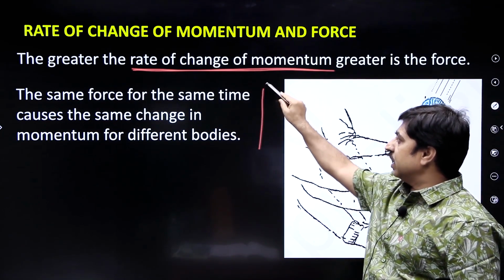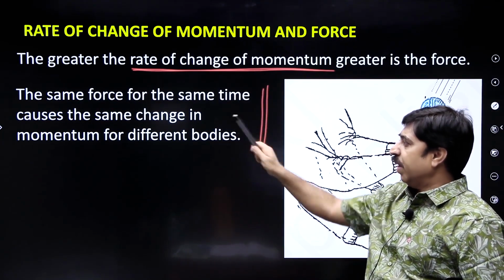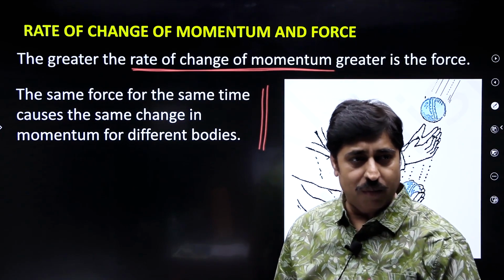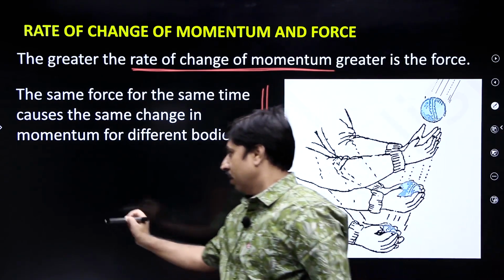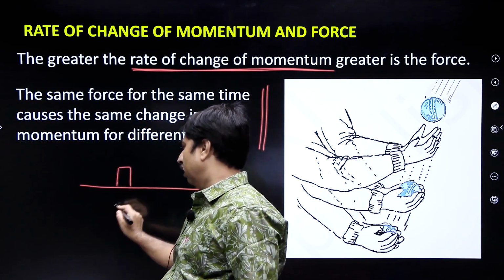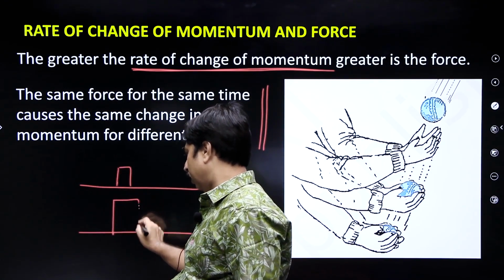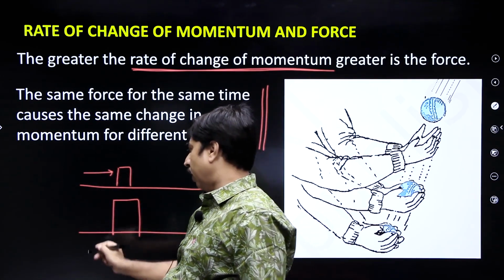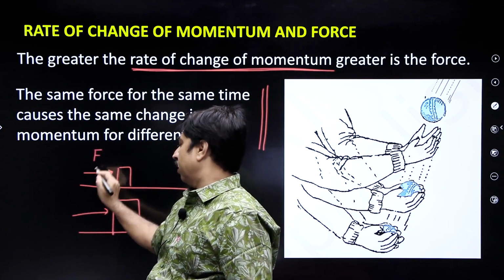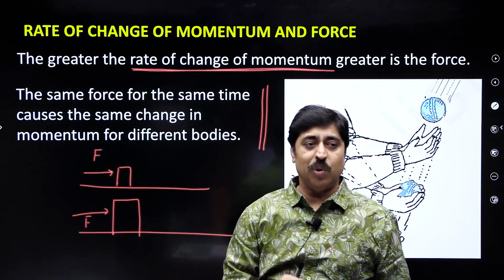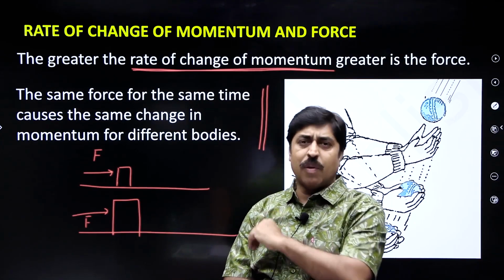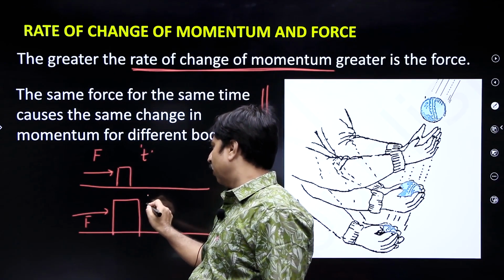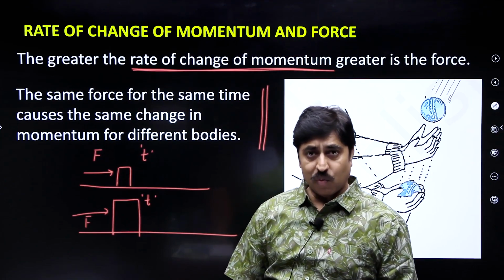If you apply the same force for the same time, it will cause the same change in momentum for different bodies. What does it mean? Suppose this is a smaller block and this is a rather heavier block. If I apply some force on this block and I also apply equal force on this block, for the same amount of time t, then what do I see?